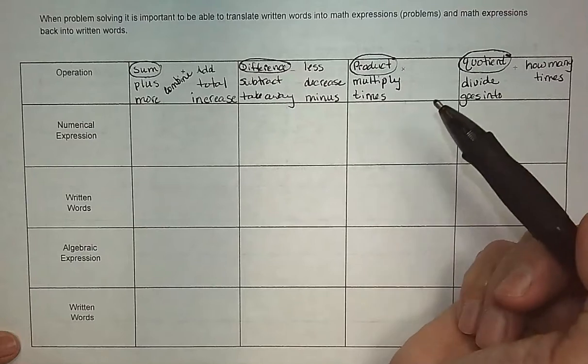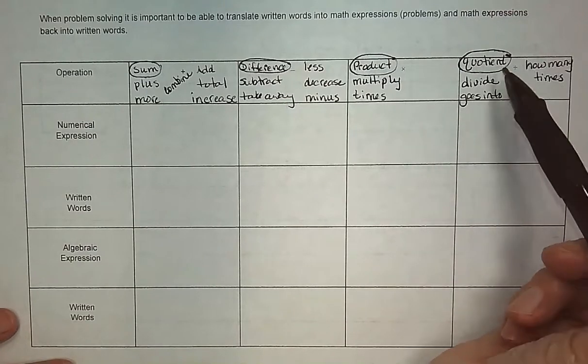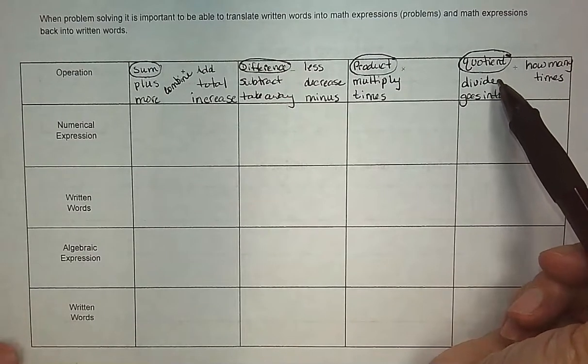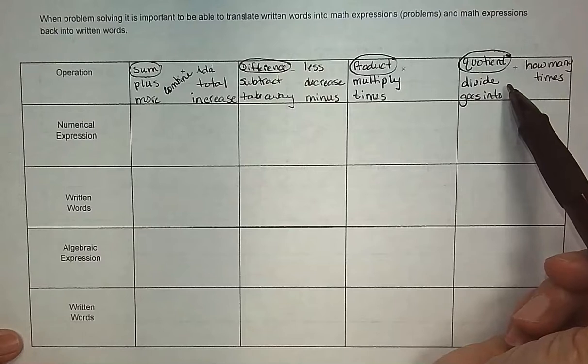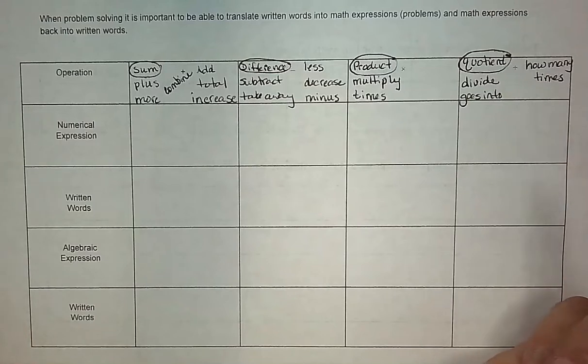Anytime you have repeated addition, it's going to be multiplication. For a division problem, we have the word quotient. Quotient is the answer to a division problem. Other words you might see for division problems would be divide, goes into how many times. Divide evenly would be another phrase that you would see for a division problem.